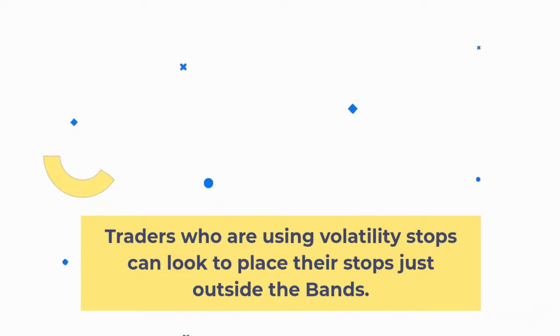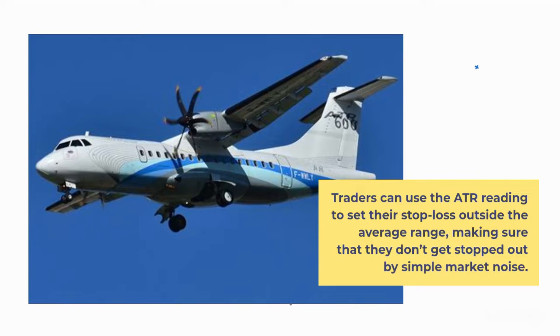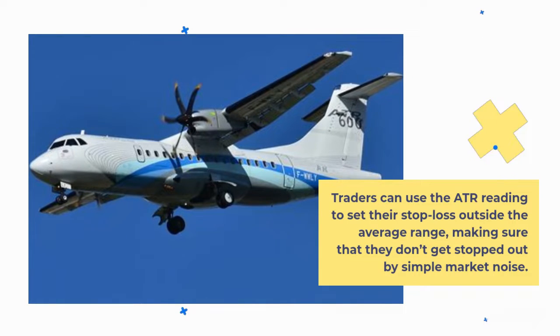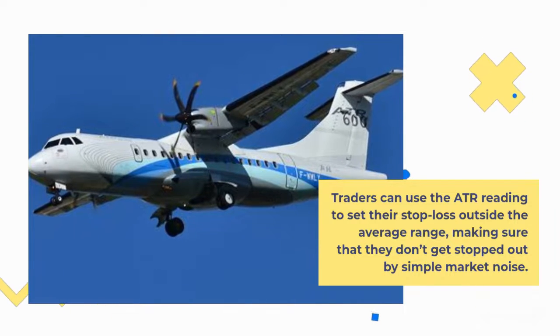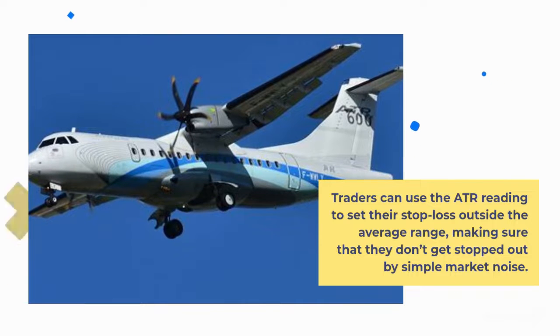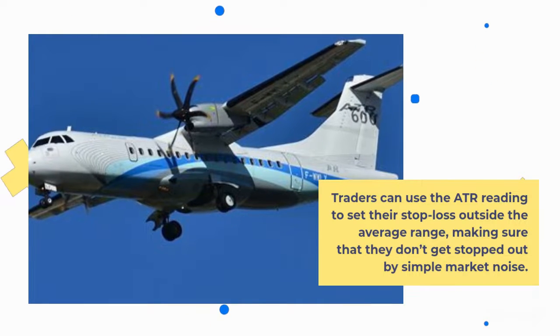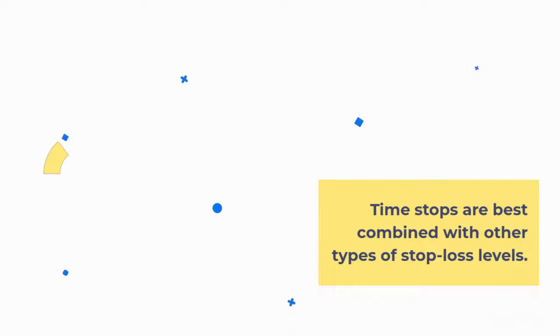Traders who are using volatility stops can look to place their stops just outside the bands. Traders can use the ATR reading to set their stop-loss outside the average range, making sure that they don't get stopped out by simple market noise. Time stops are best combined with other types of stop-loss levels.